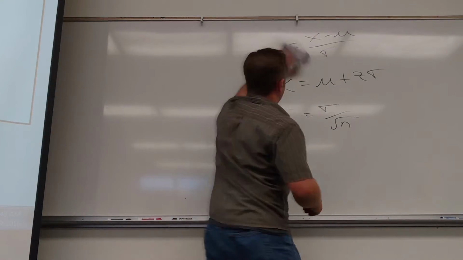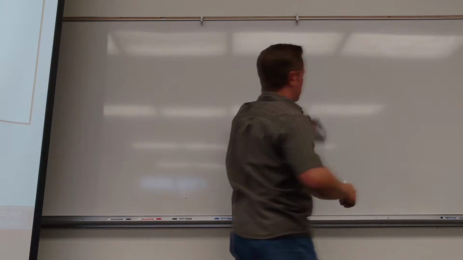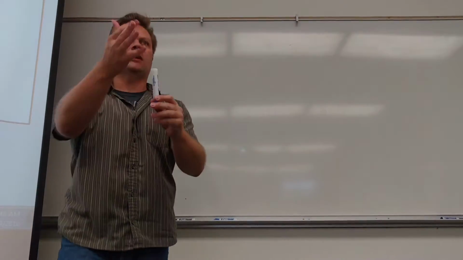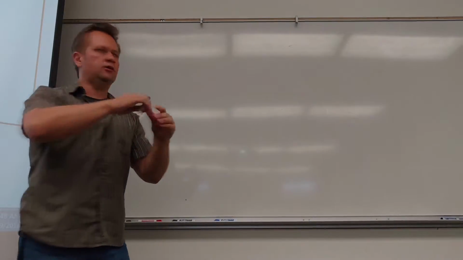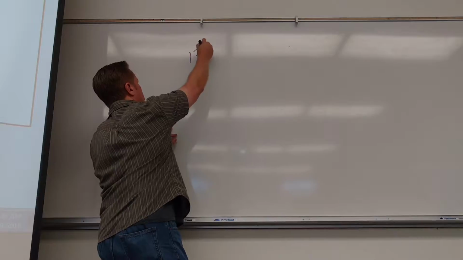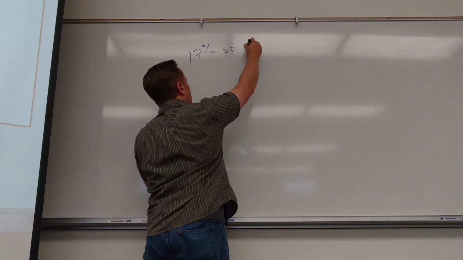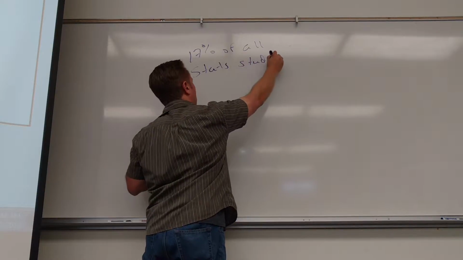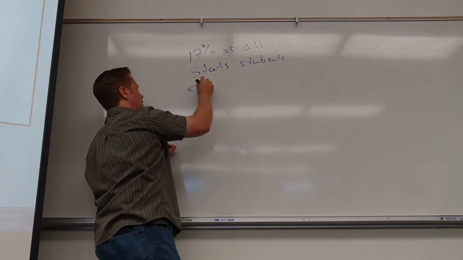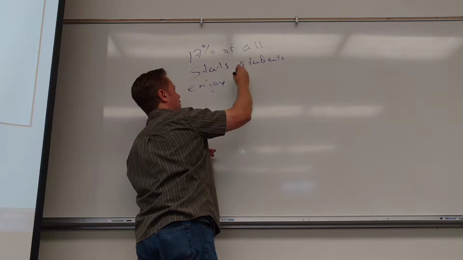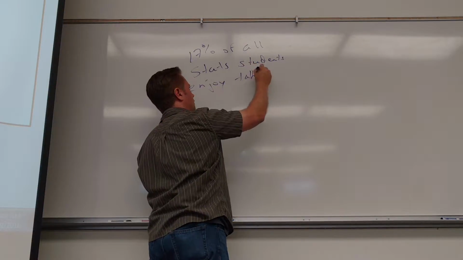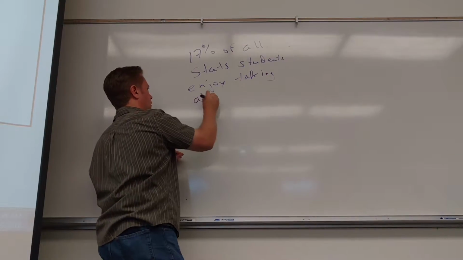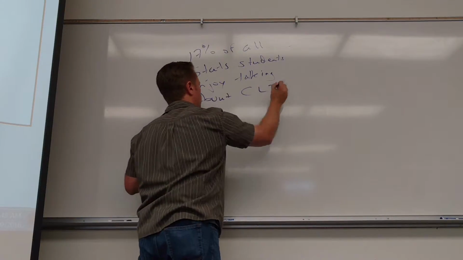So now the stuff I'm writing cannot go on your formula sheet. So let's do an example of a binomial situation. All right, so let's say 17% of all stat students enjoy talking about central limit theorem.